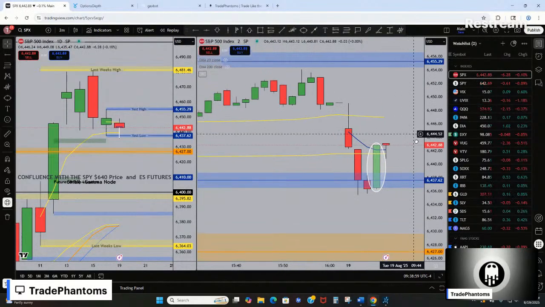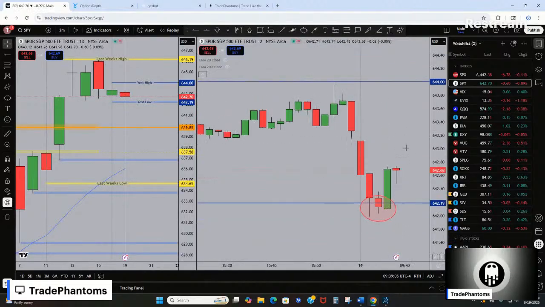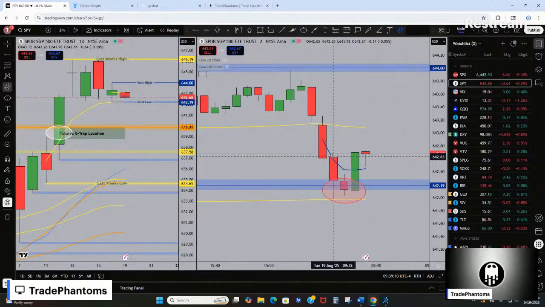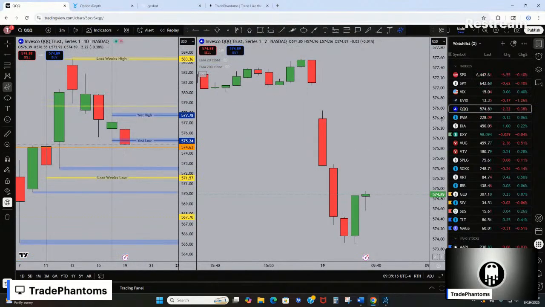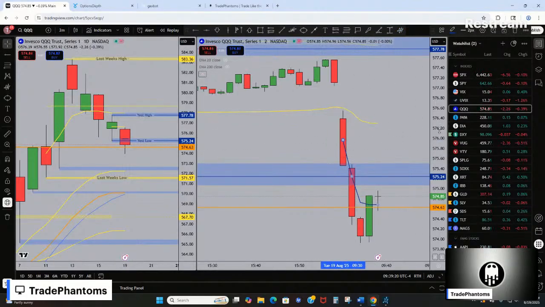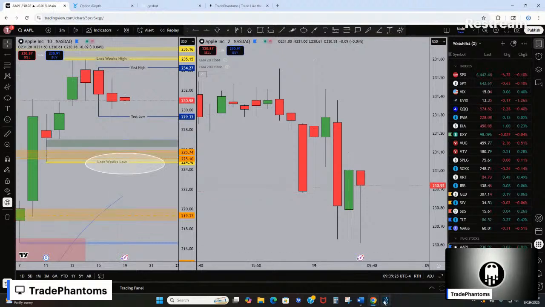Right off the open, SPY, SPX above the VWAP. Just putting this into perspective. You see Apple, just pulling VWAPs.